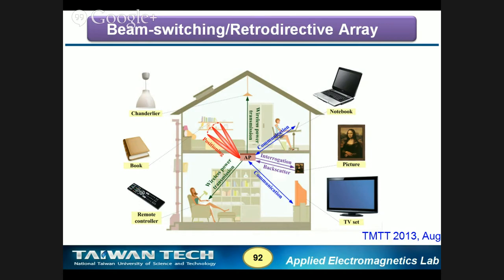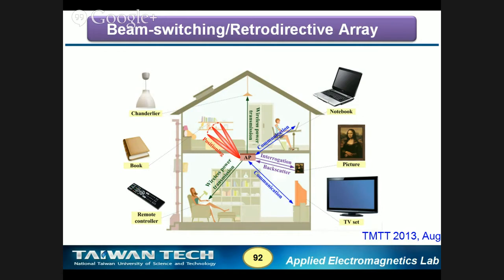And we can do some wireless power transmission using the Van Atta array. If to the Van Atta array we add a bidirectional or even unidirectional amplifier, it could become a unit for wireless power transmission. It has been demonstrated in a paper. I will show you the paper later on. It's not by me, it's by somebody else.